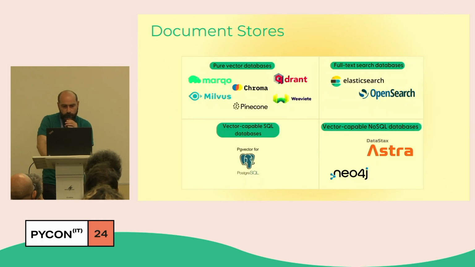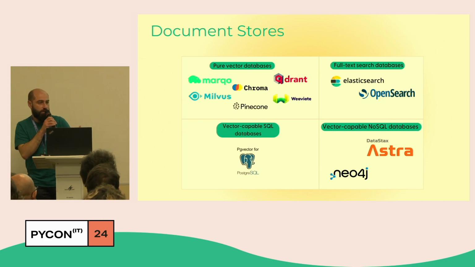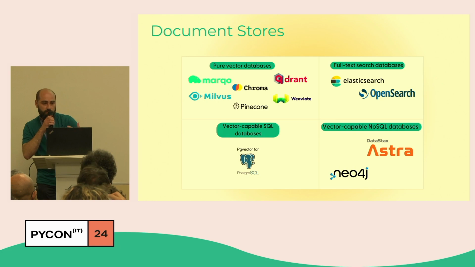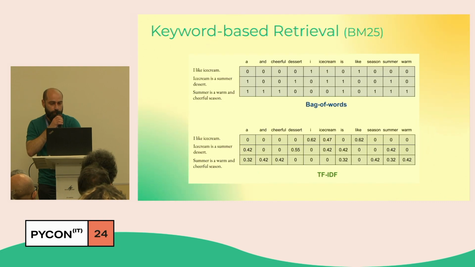So these are the most common databases which are compatible with Haystack. There is a great variety. I'm not going into the details of these databases, but each of them has its own retrievers, so the abstraction to look for the right information from them.